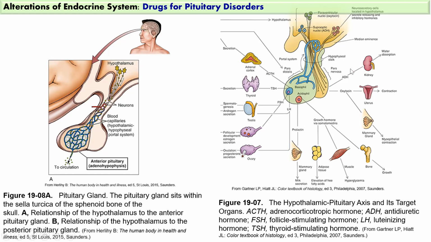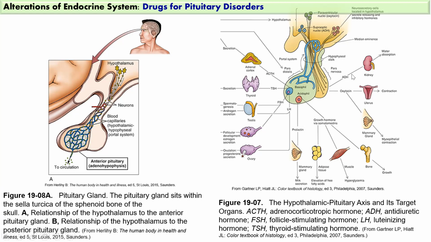Under the ADH hormone, there are two main conditions that may result. Increased production of ADH hormone results in SIADH, syndrome of inappropriate ADH.